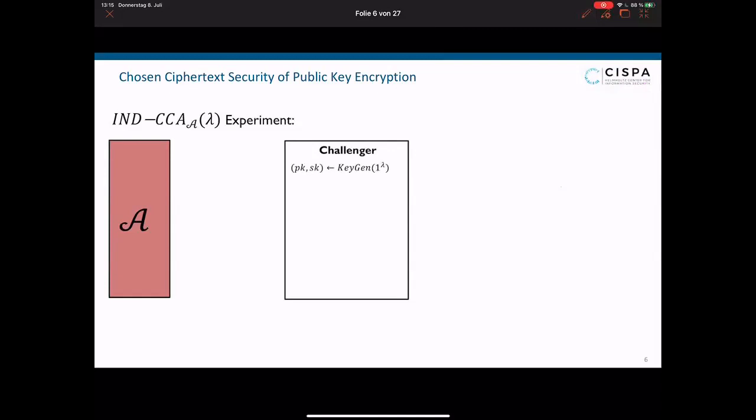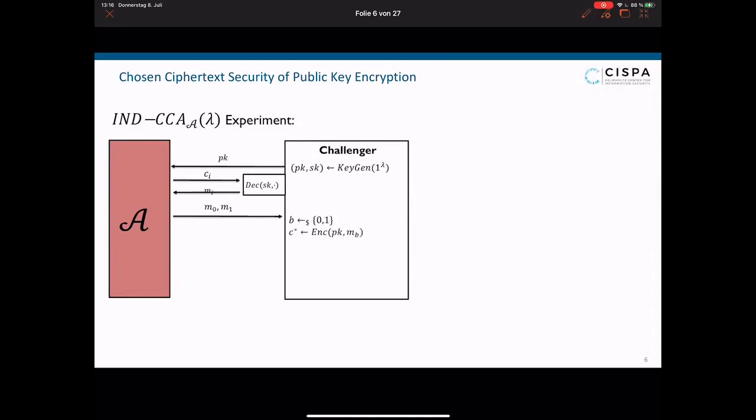IND-CCA experiment work? We generate a pair of public and secret keys, give the adversary the public key, as in the CPA experiment, and now we give him access to a decryption oracle, right? He can send ciphertexts CI, the decryption oracle decrypts them, and answers with messages MI. At some point, he announces two messages, M0 and M1.